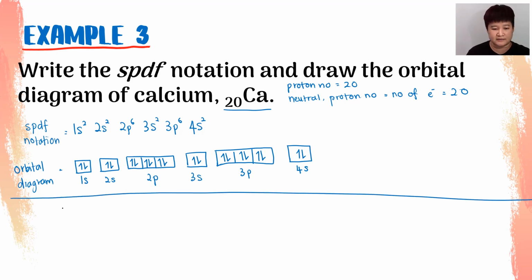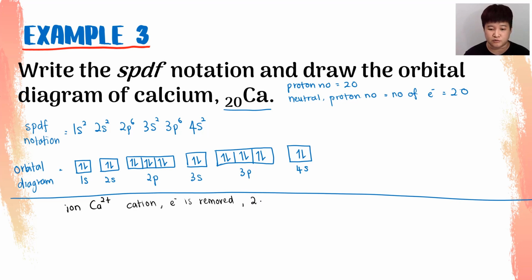What happens when I say my calcium is now ion calcium 2+? 2+ means what? It's a cation. When it's a cation, it means electrons are removed. So the question is, how many electrons are removed to form 2 positive?